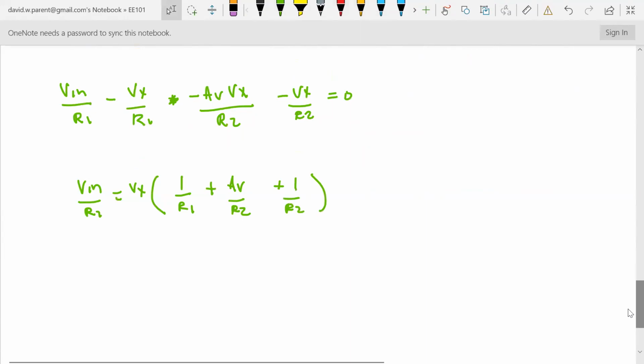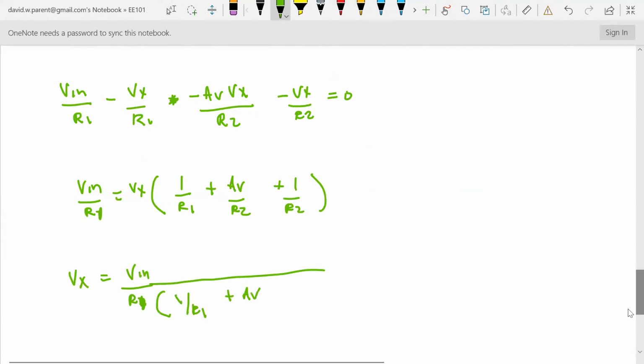I want to solve for Vx, so Vx equals Vn over R1, divided by (1 over R1 plus AV over R2 plus 1 over R2).